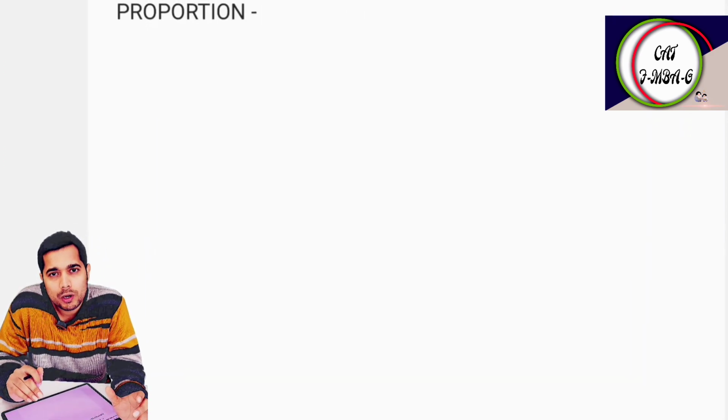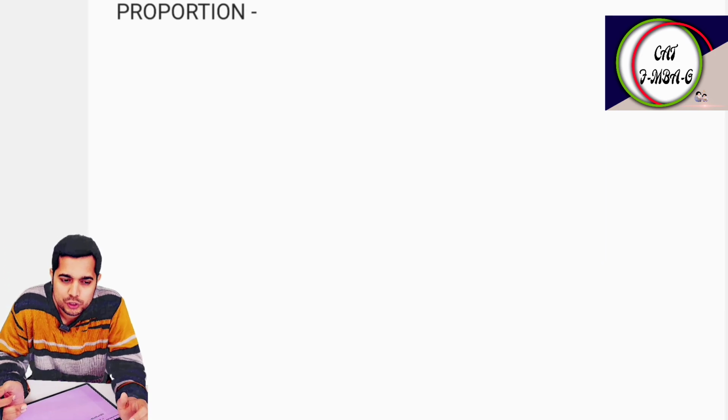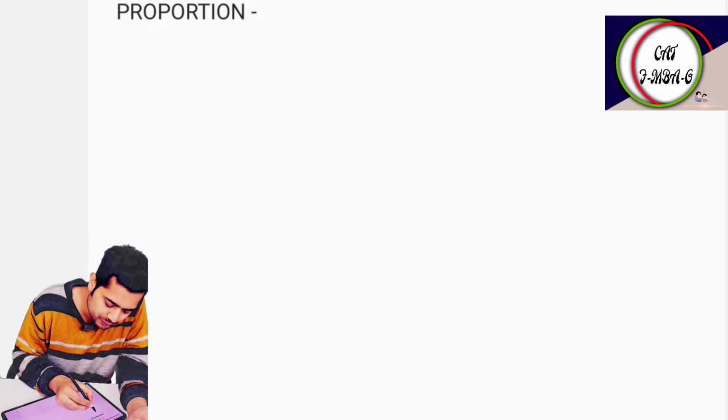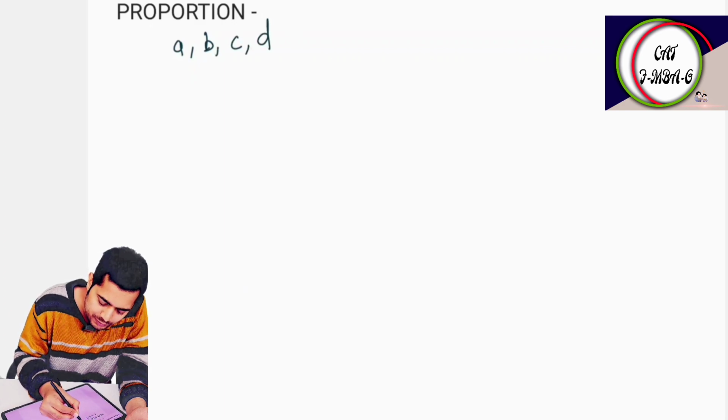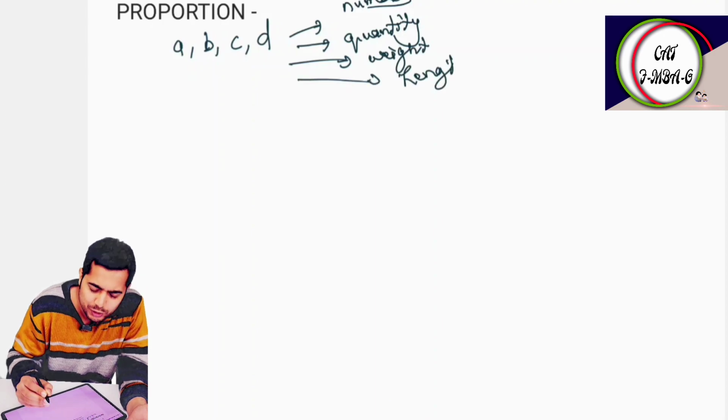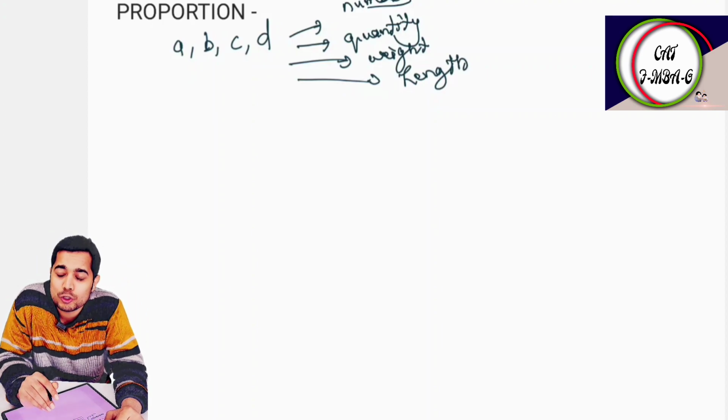Now we are going to talk about proportion. A proportion is an extended form of a ratio. So let us say there are 4 numbers A, B, C, D. These can be numbers, quantities, weight, length, anything, whatever the questioner is asking you.